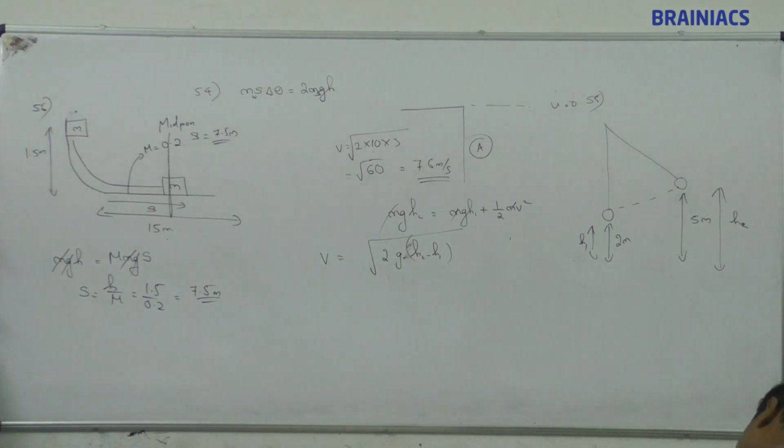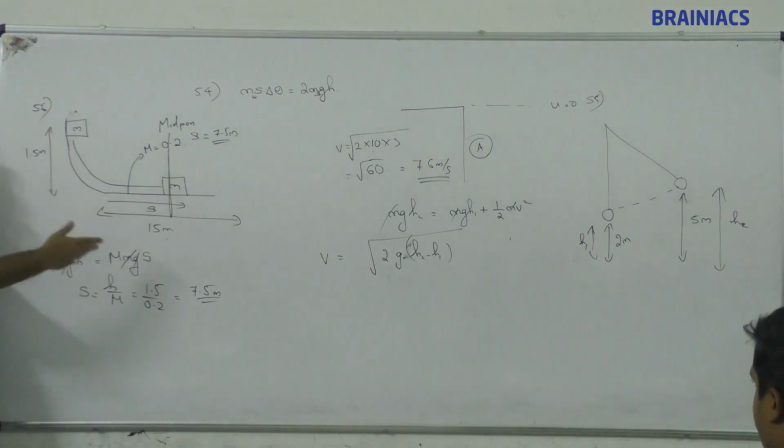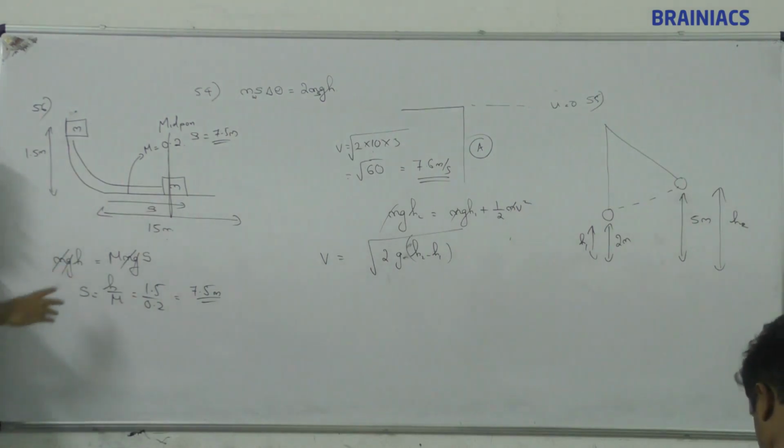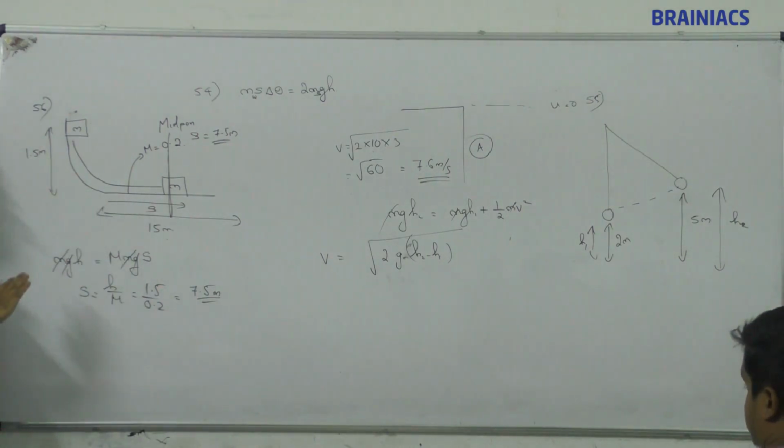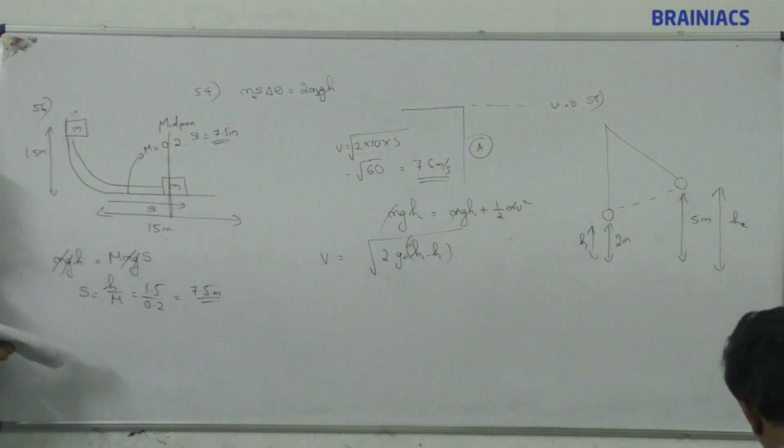So mgh equals frictional force into displacement. Frictional force is mu mg, into s. Once we find s, it is half of the midpoint of PQ. Okay?